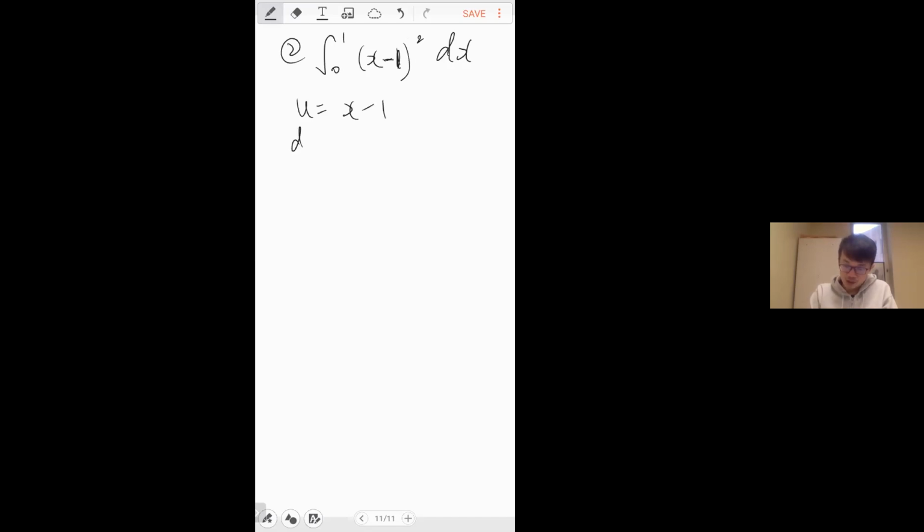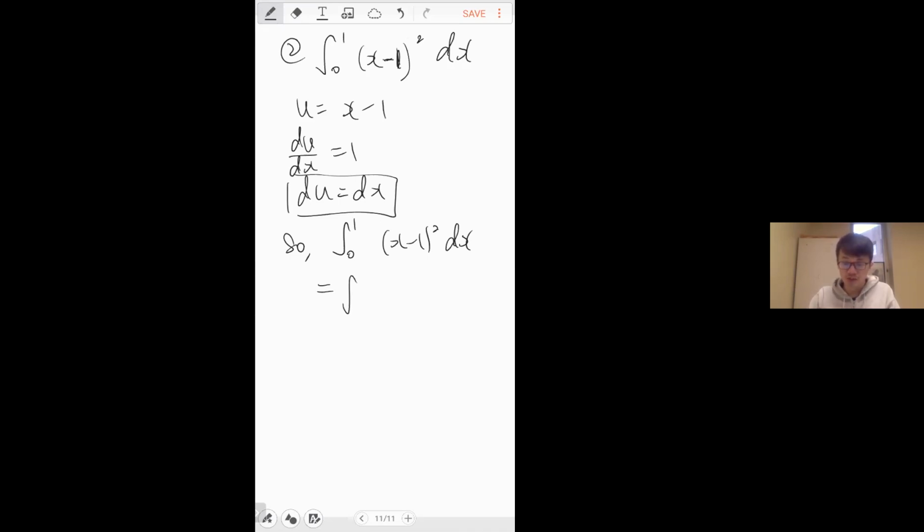So u equals x minus 1, du/dx equals 1, and so du equals dx. So the definite integral can be written as follows. If you want to turn everything in terms of u, you also need to change the lower and upper limits.